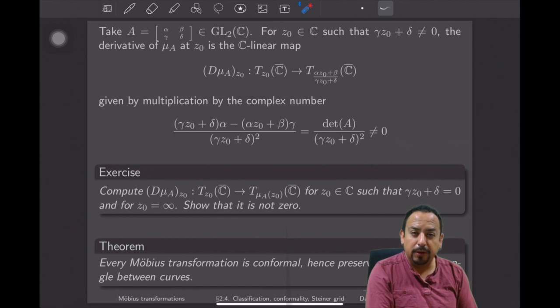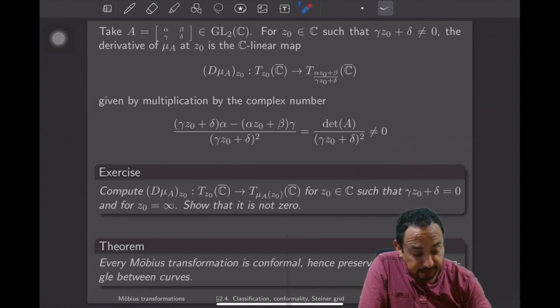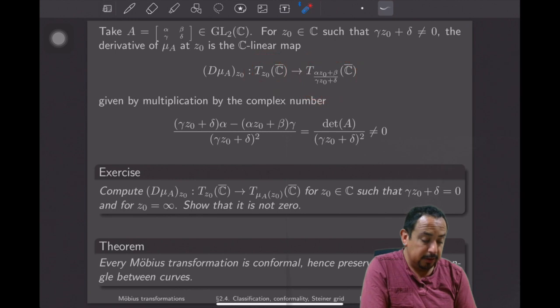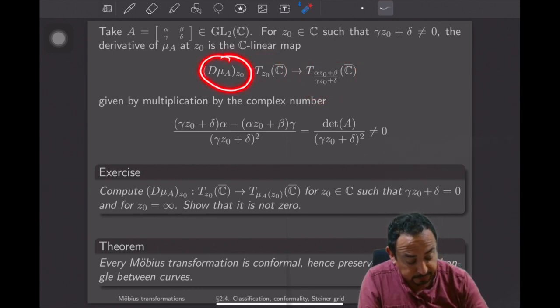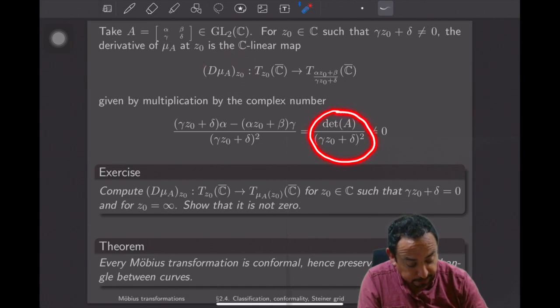And somehow the point is that if one wants to see it more as a basic differential geometry fact, what one has is a C-linear transformation from the tangent plane to the tangent plane. And that C-linear transformation is given by multiplication by this complex number.